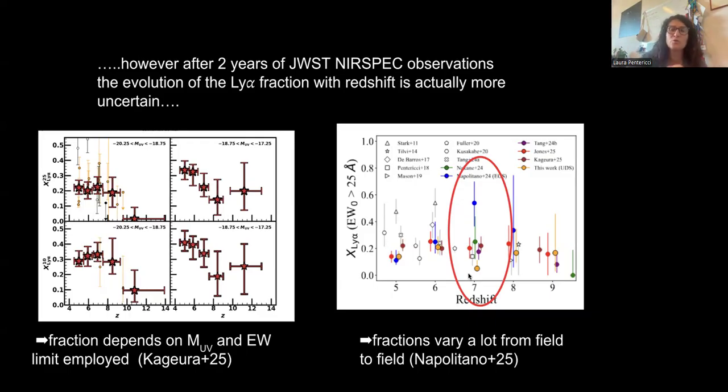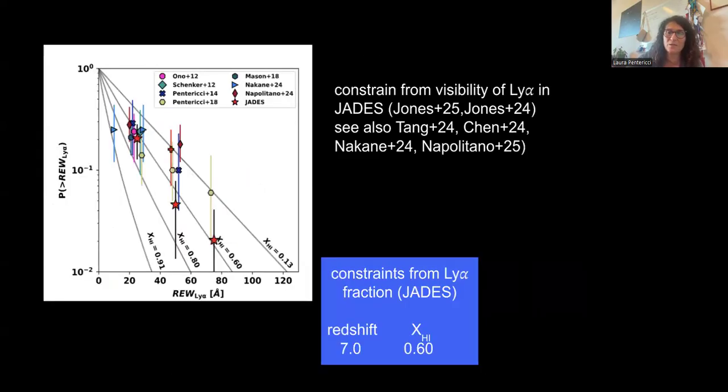In one of the fields, you see a lot of Lyman alpha emitters, and in the other field, you don't. So this tells you that there are a lot of field-to-field variations, and so the process of reionization is definitely completely inhomogeneous. We knew a little bit that this was the case, but now the new observations have really proven that the fraction is very different in different fields.